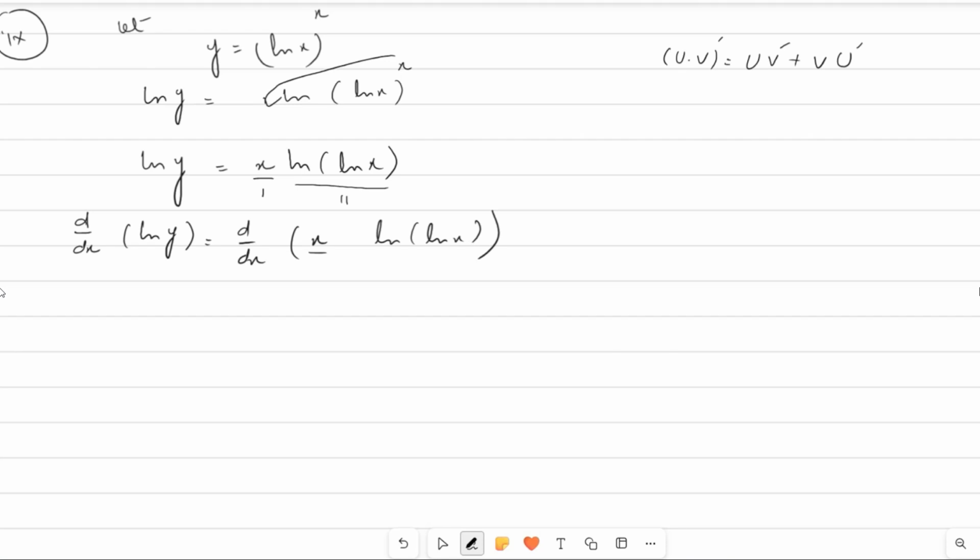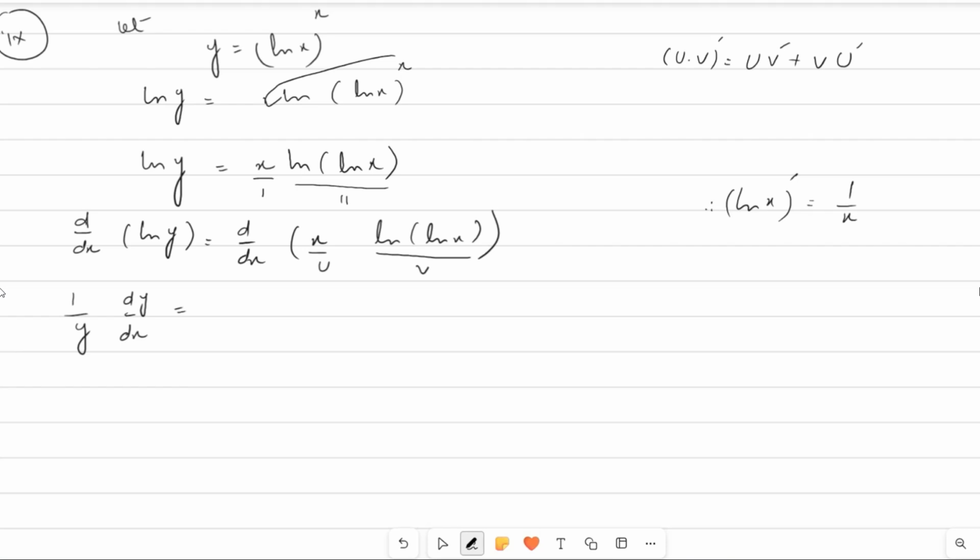First function means u and second function means v. The derivative of ln x will be equal to 1 upon x. Here we are having ln y, so it would be 1 upon y dy by dx. As this is not a function of x, dy by dx will be coming with it.